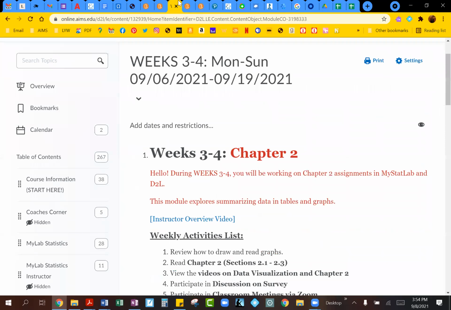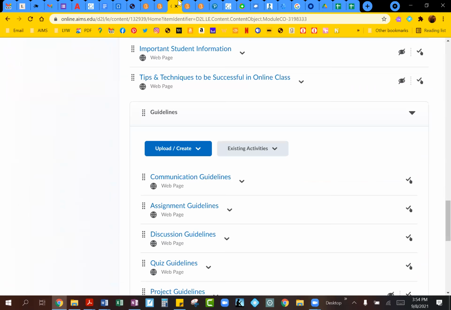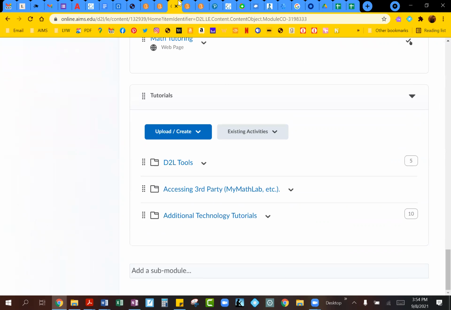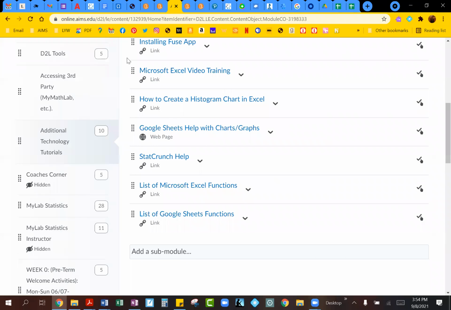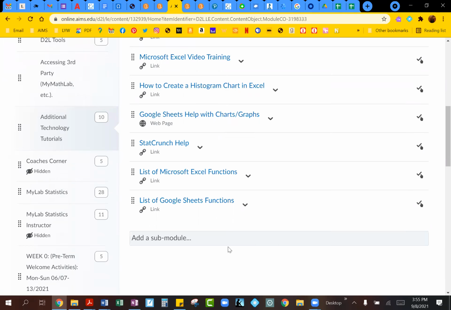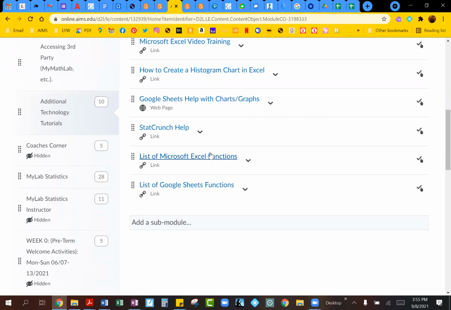I do want to show you under course information, if you go all the way down to tutorials and under additional technology tutorials, I have included some help information on how to create a histogram in Excel. If you guys are using Google Sheets, you can use this one over here. But some of this will need a little bit of tweaking to get the graph that you would want. I've also included 2 new lists over here.